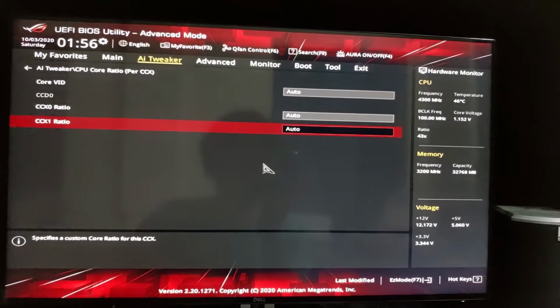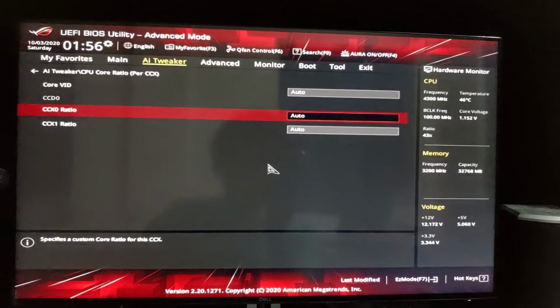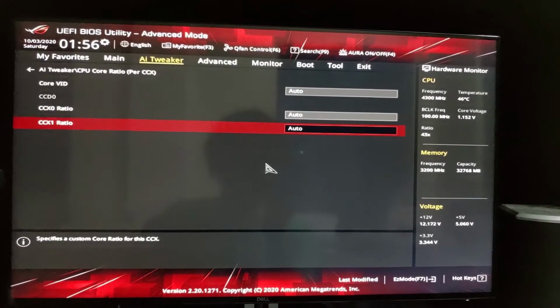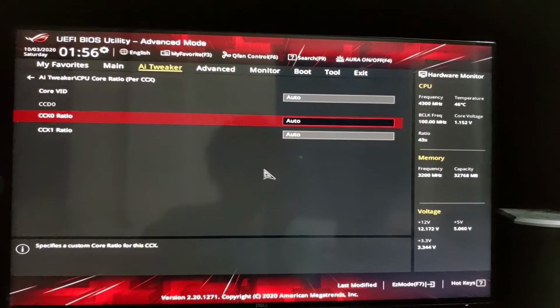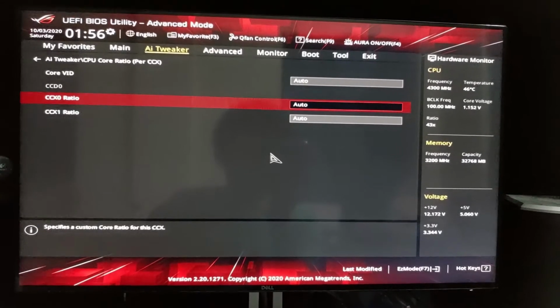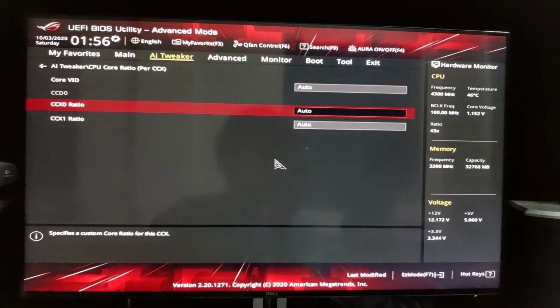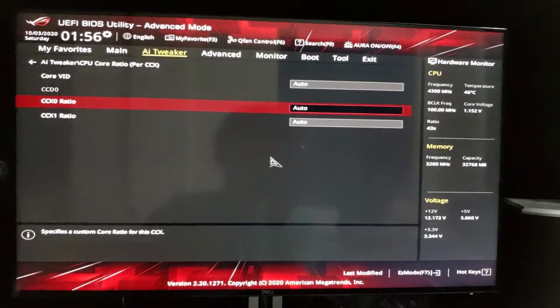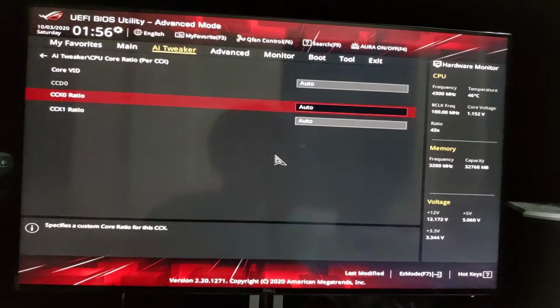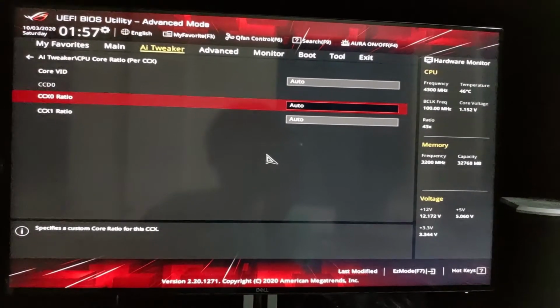So you also get the privilege of individually configuring the CCX0 and CCX1 ratio. Suppose you have a chip that does not overclock well in the CCX1, but it overclocks good in the CCX0. So you can set up the multipliers accordingly, and the CPU will automatically select the best performing core for optimal performance.